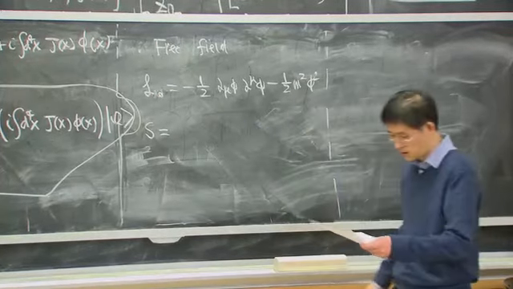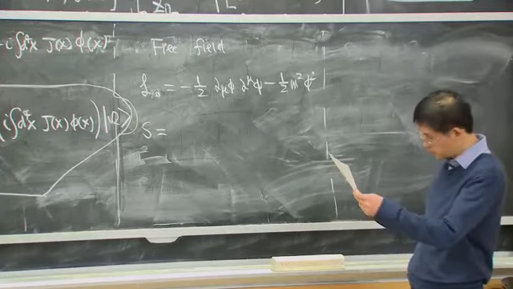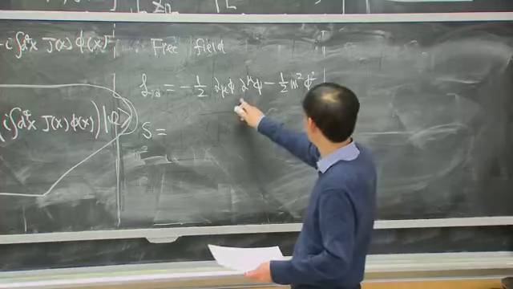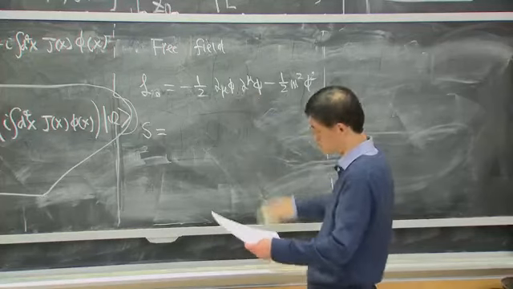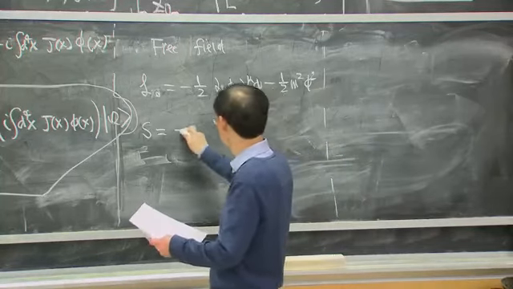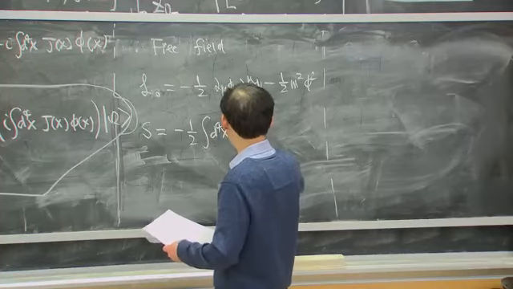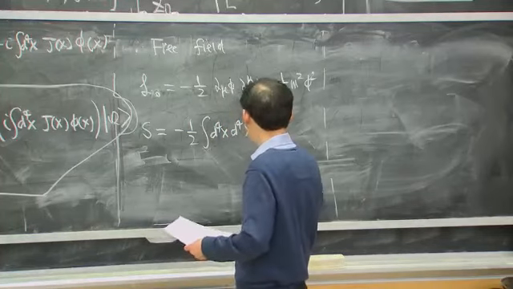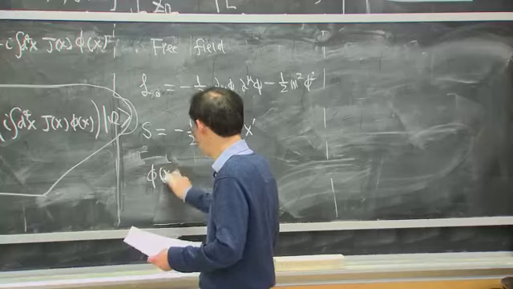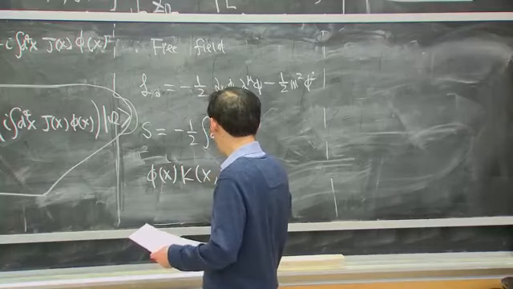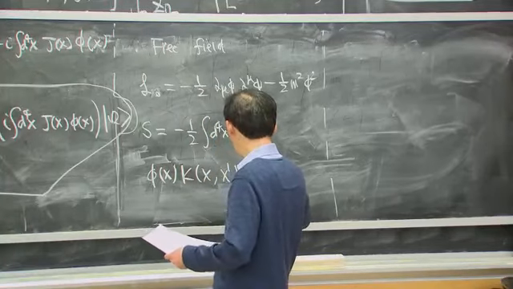You can integrate by parts and write it as an integral d⁴x d⁴x′ φ(x) K(x,x′) φ(x′).